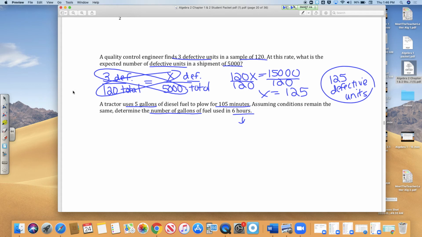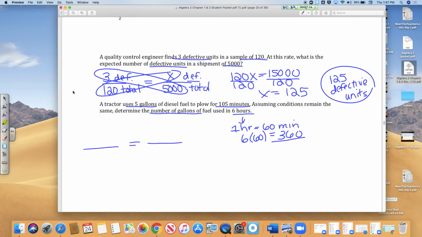So I'm going to change hours to minutes. I know that each hour equals 60 minutes. So I'm going to multiply 6 hours by 60 minutes in an hour, and 6 times 60 is 360. Now I'm going to use 360 instead of 6 hours because I would need to use the actual amount of minutes if I'm comparing these.